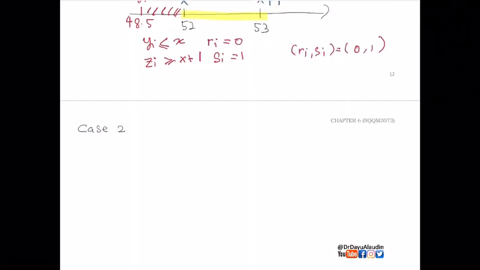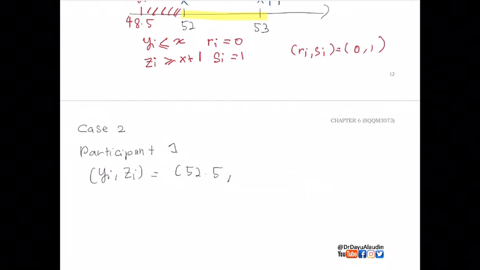Case 2, let's say participant 1. Yi and Zi for participant 1 are equal to 52.5 and 60, for example. So the interval estimate, let's say, is between 52 and 53.